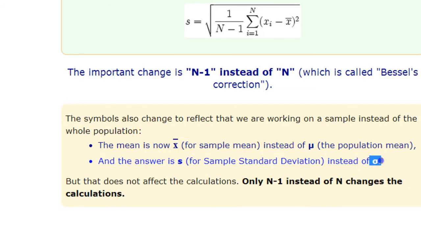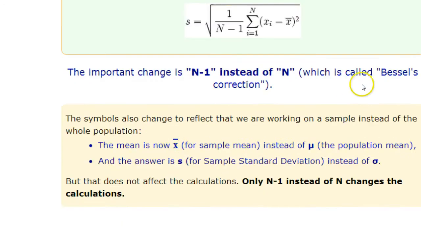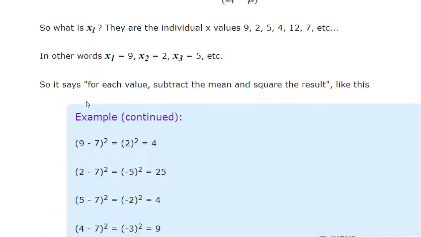So if you're dealing with sigma, you're dealing with the standard deviation of a population. If you're dealing with mu, you're dealing with the mean of the population. X bar and S are the mean and the standard deviation of samples. You can look up Bessel's correction to explain why. I'm not going to go too much into it.